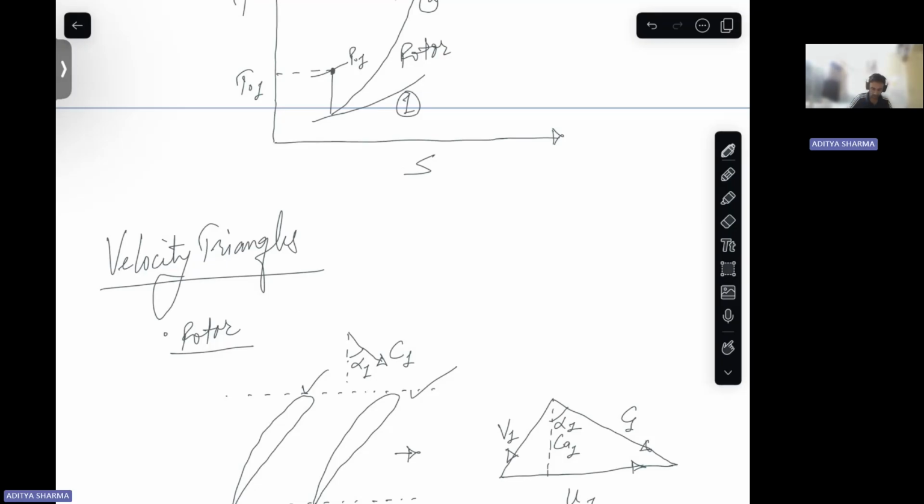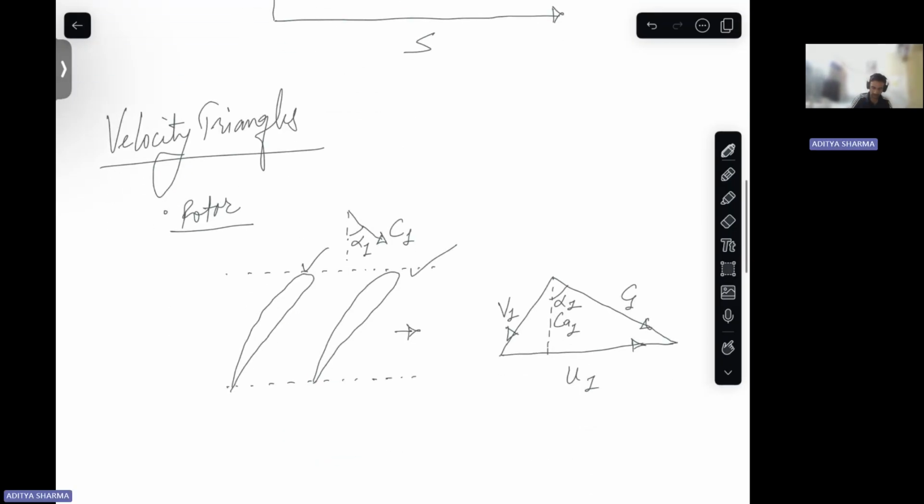Right? And for that, we say that C1 was the absolute velocity, and then V1, and this was moving with your blade velocity U1, right? This shaft was moving with the blade velocity U1.